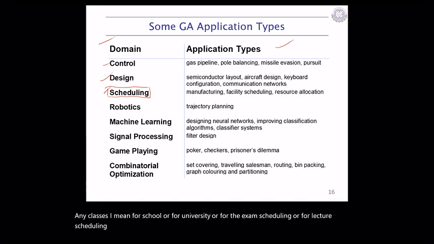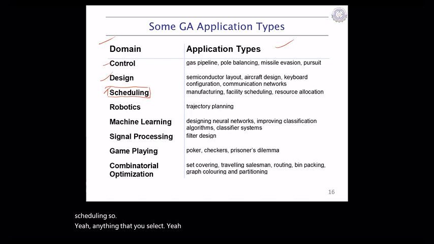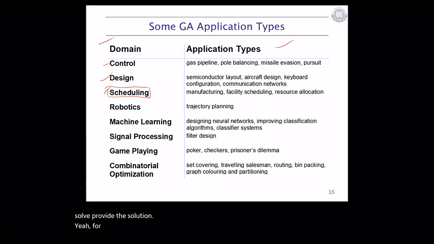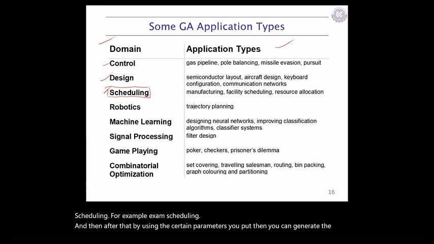Anything that you select, you choose by yourself what kind of problem, and after that you solve it and provide the solution. For example, you develop a simple user interface to provide the scheduling, for example exam scheduling. Then by using certain parameters you put in, you can generate the schedule of the exam.